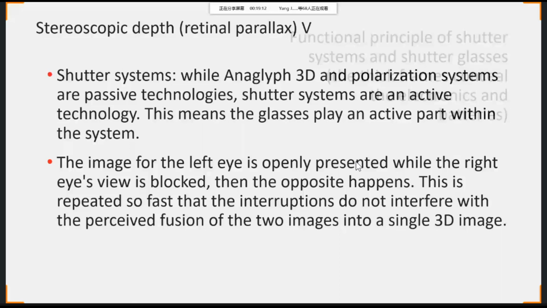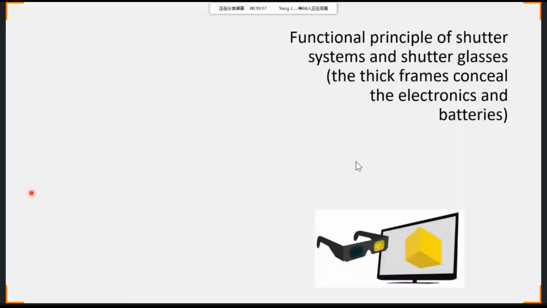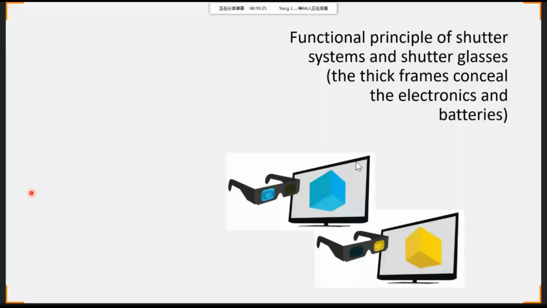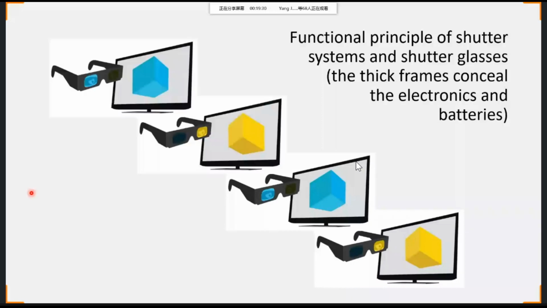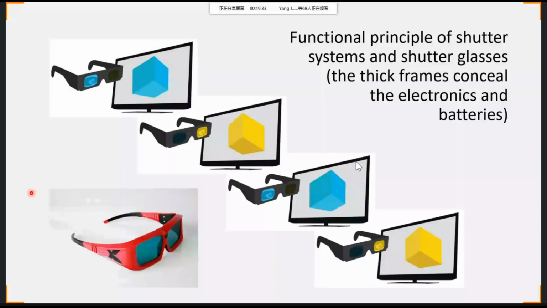And here you have this functional principle. So very fast, the images change. So one time you see for the left eye, one time for the right eye, then again for the left, again for the right, and so on. And these glasses are usually a bit bigger. So you see here the thick frames compared to the polarization glasses.